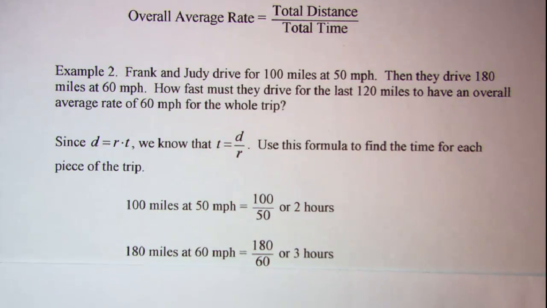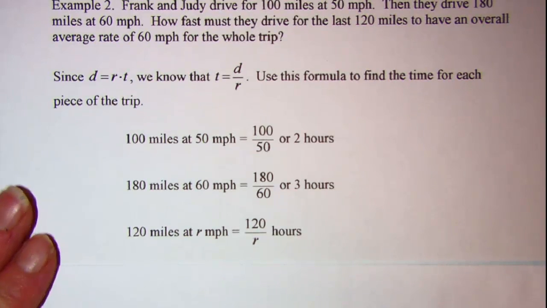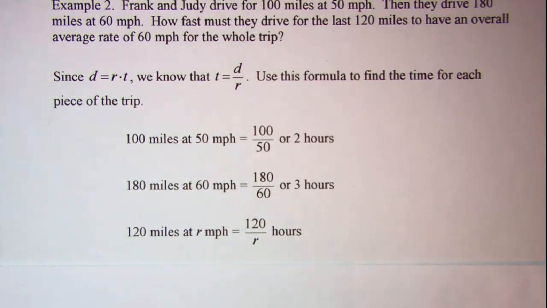The 180 miles at 60 miles per hour is 3 hours time. And then the third piece of the trip is where our variable is. 120 miles at r miles per hour. And so we have to write that as 120 divided by r.